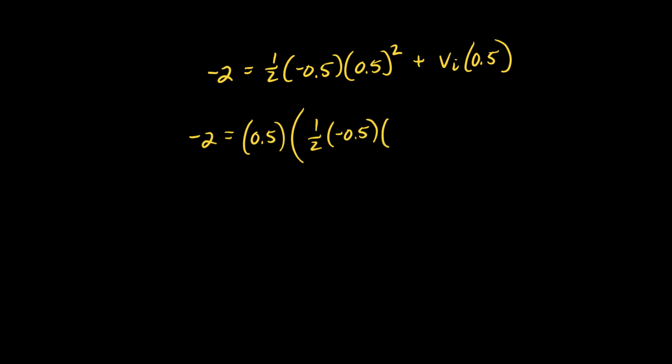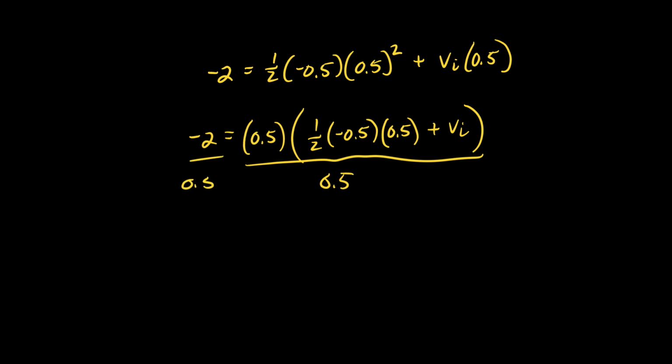You don't have to do it this way. This is just how I did it. So I'd have VI by itself. But I have to get rid of that 0.5, so I divided both sides by 0.5. That gets rid of the 0.5 there, but what is 2 divided by 0.5? It's 4.